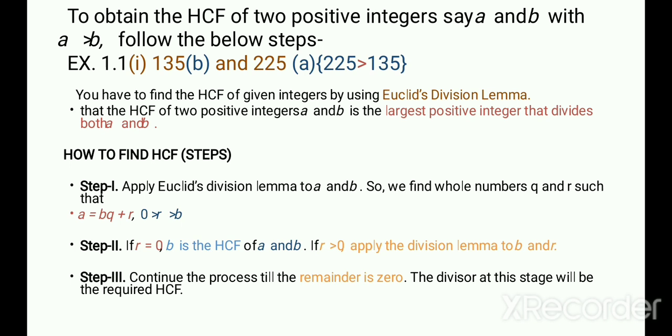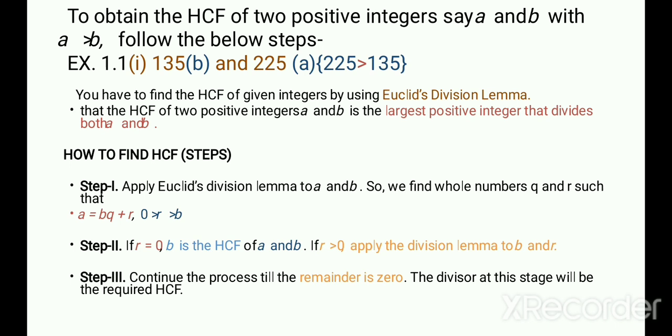So A equals B into Q plus R, where R should be less than B and greater than or equal to 0. This is condition 1. If R is not 0, we continue the division, and if R equals 0, then B is the HCF of A and B.